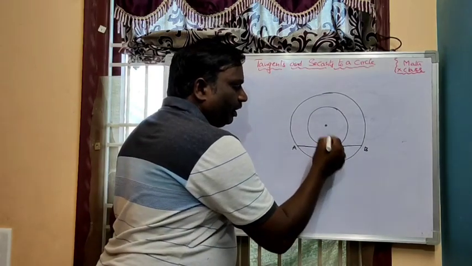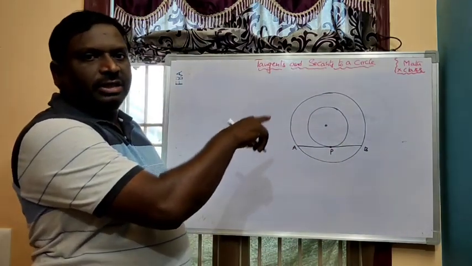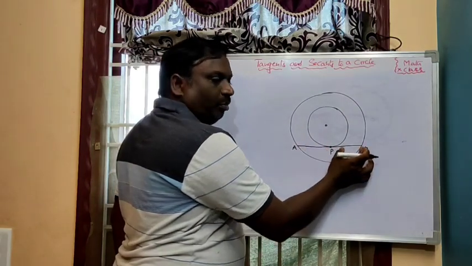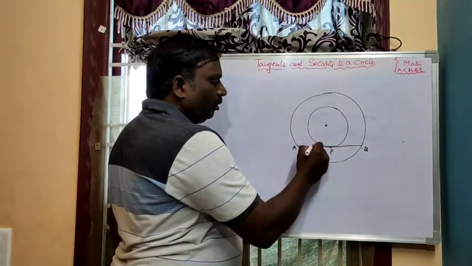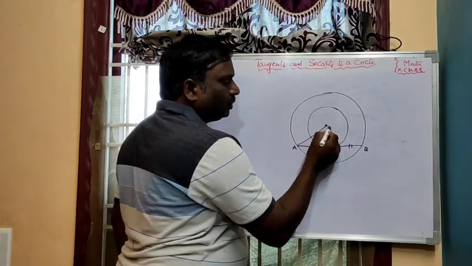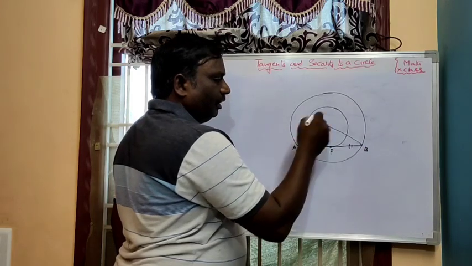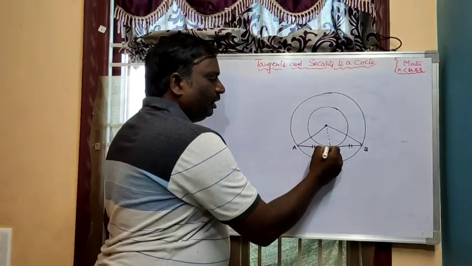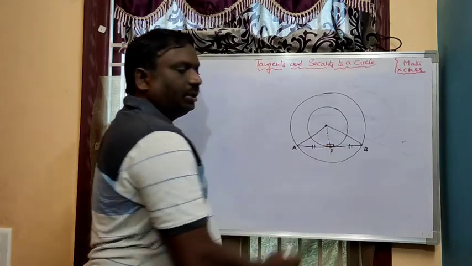That means this chord is bisected by the smaller circle at the point of contact. Already we know that wherever the tangent touches the circle, that is the point of contact. That means it is bisecting. AP equal to PB. These two are the radii of the larger circle and this is the radius of the smaller circle. Here the angle is 90 degrees, already we know that.